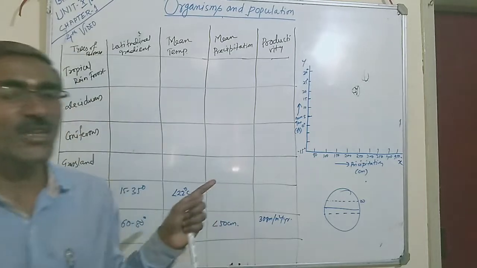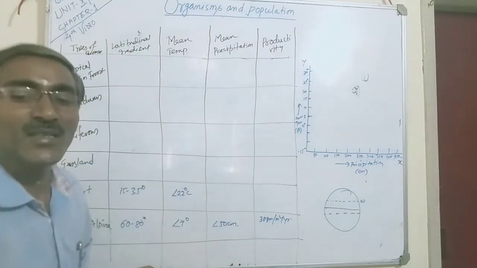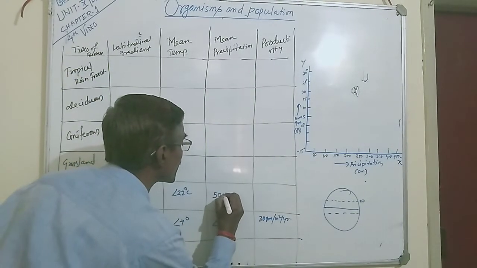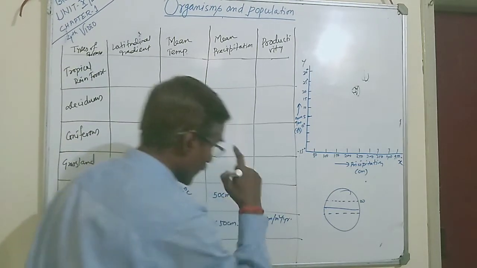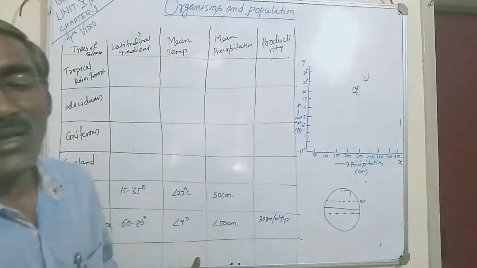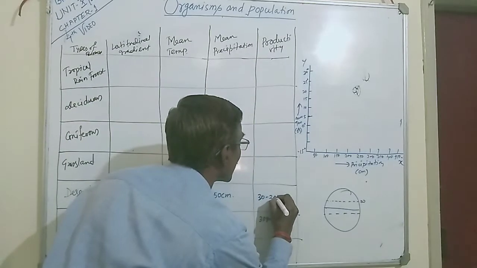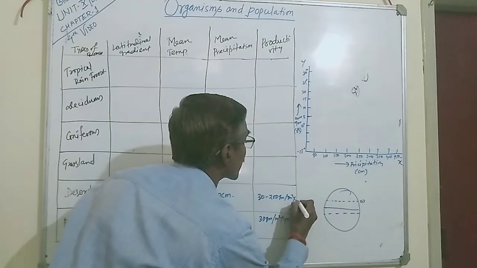Whenever we talk about precipitation, it is 25 to 50 centimeter, or less, near about 50 centimeter rainfall. Productivity is also minimum, 30 to 200 gram per meter square per year.